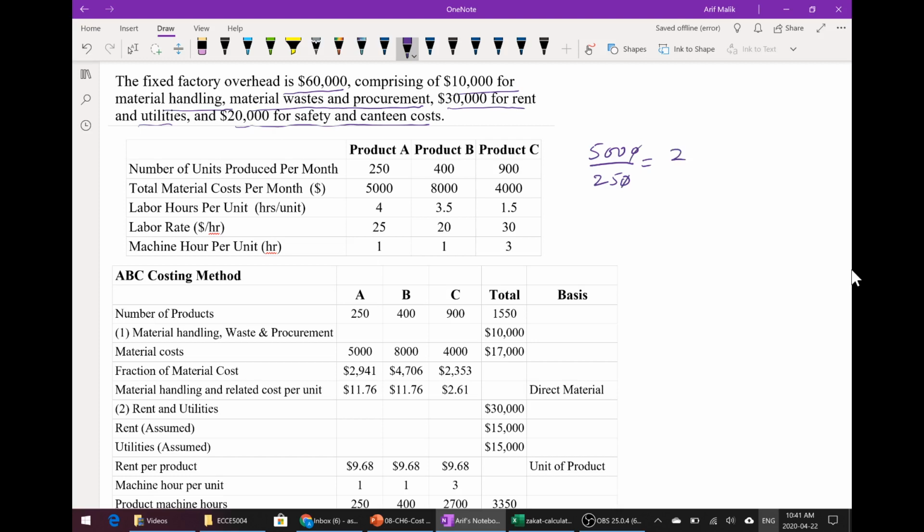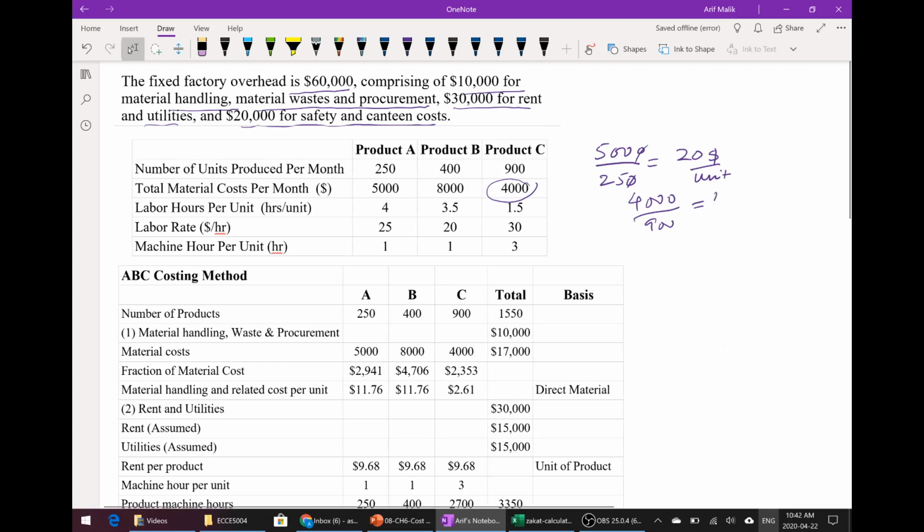It becomes $20 per unit, right? This is the material cost. Similarly, for product C, the material cost per month is 4,000, so 4,000 divided by 900, and we have $4.44 per unit.